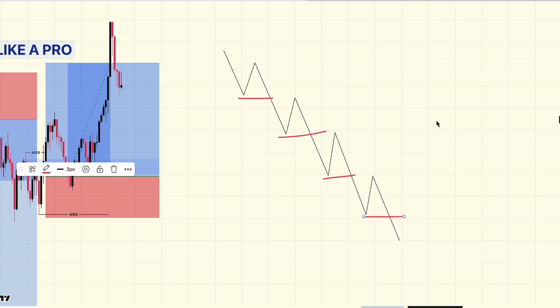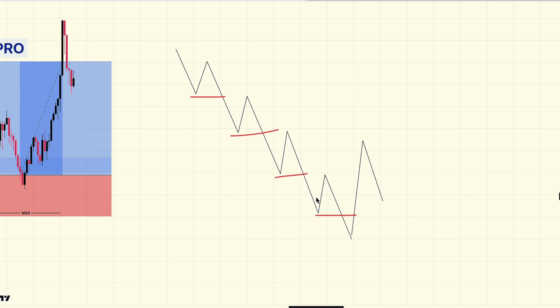What breaks of structure imply in a trending market is that price is interested in pushing down. And when price at any point decides to shift structure, it means we're about to see the end of this downtrend. I am going somewhere, just follow me through.